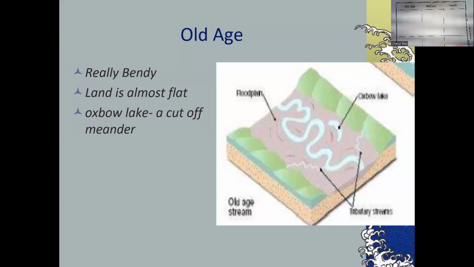So it's curvy here. It used to curve over here, but it didn't have enough energy to keep going that way. So it just turned and made its own path. And so that made this thing right here. It's called an oxbow lake.